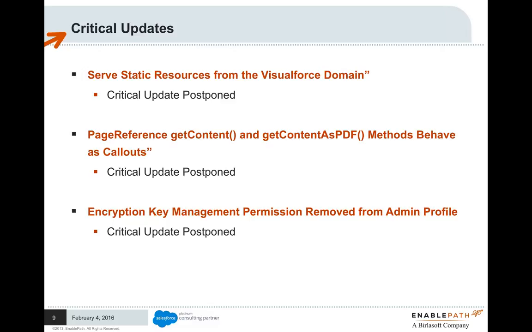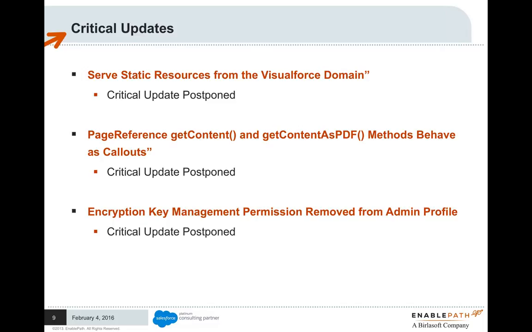But if you are using static resources in Visualforce, and especially if you're using hard-coded links to static resources rather than the URLFOR and $Resource global variable in Visualforce, which would automatically correct all of your URLs, you should not be hard-coding them.